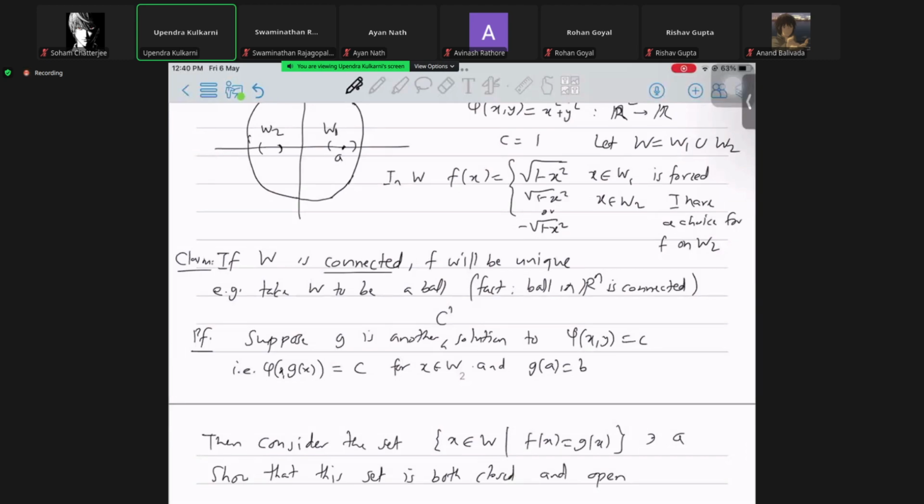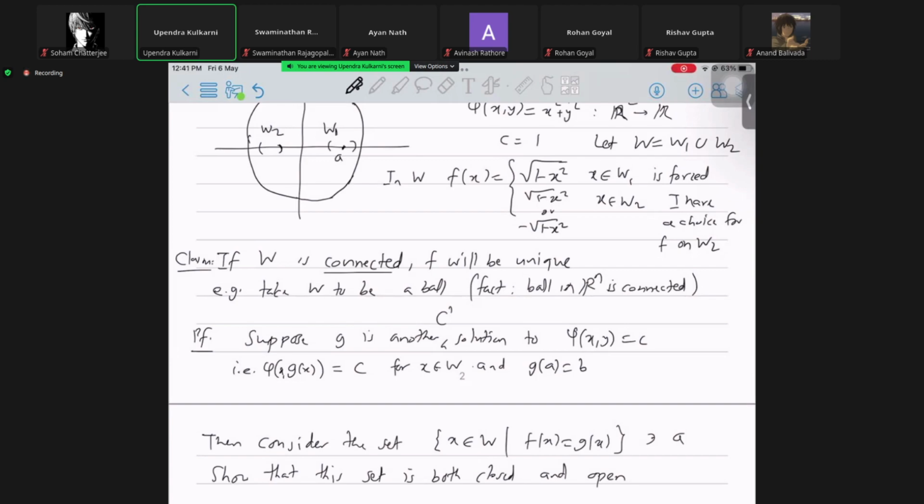If I have two continuous functions from one space to another, then the set of points where those functions match each other is closed, provided the spaces are Hausdorff, and of course we are working with metric spaces. So this is much simpler. Just consider the function f minus g.